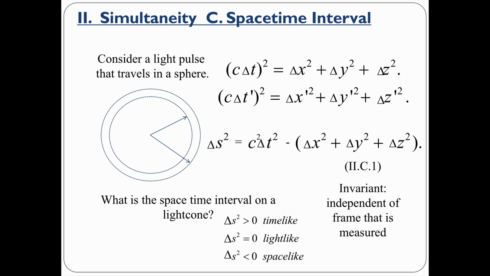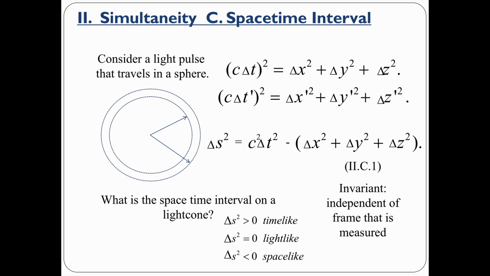We can also do that for the primed frame. That is, from the point of view of a frame that's moving with respect to a frame that looks like it's at rest. There we're just using the primed coordinates. And it turns out that those will give you the same answers. That is, we can identify what we call a space-time interval, delta s squared. And we still use the square here because sometimes this value can be negative.